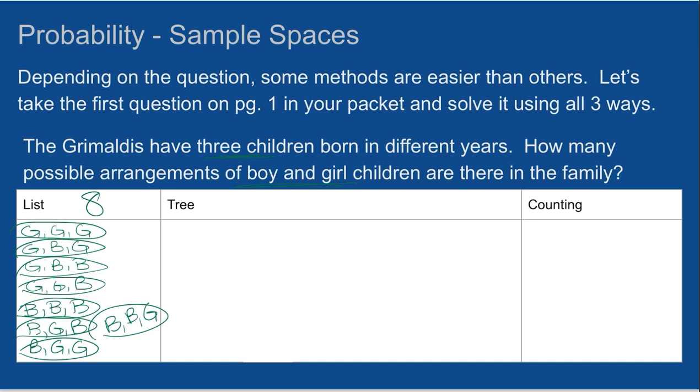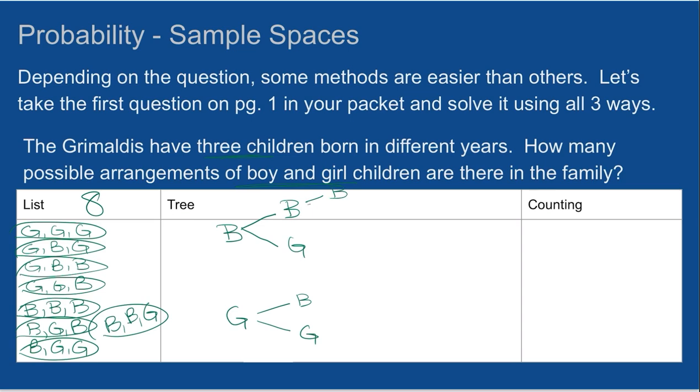Now, if we want to do it with a tree, remember we're thinking about, in this case, events. The first child could have been a boy, or it could have been a girl. The next child would be our next branches, and it could have been a boy or a girl. The third child still has the same options.